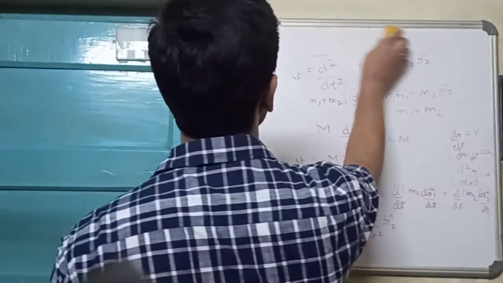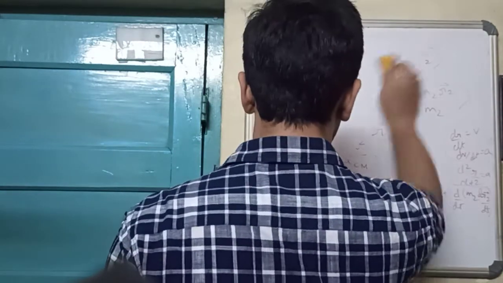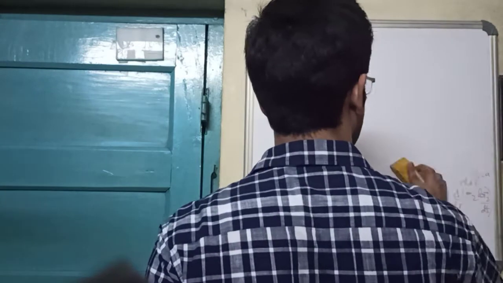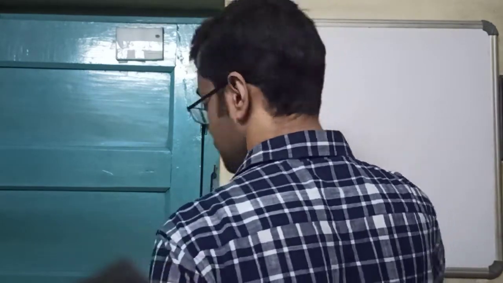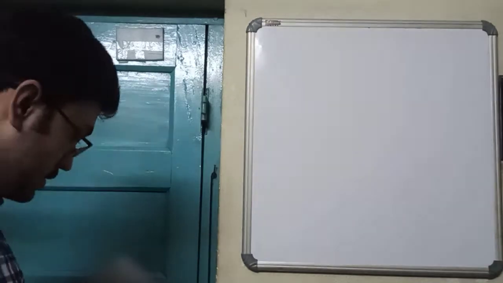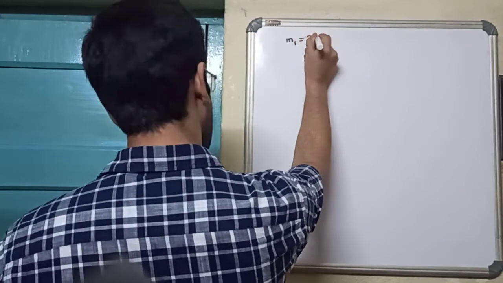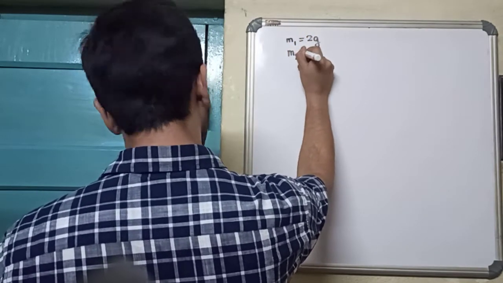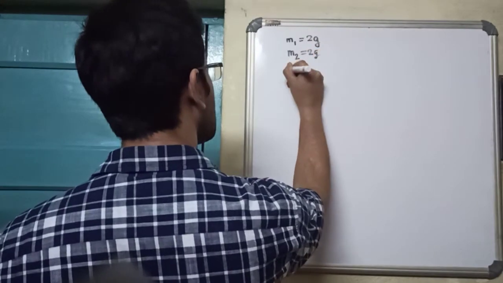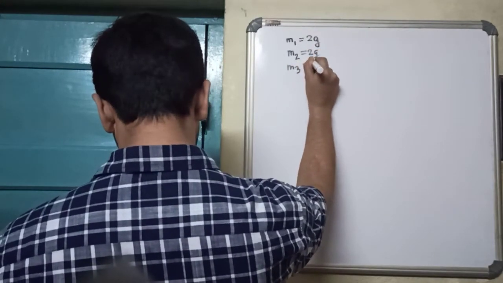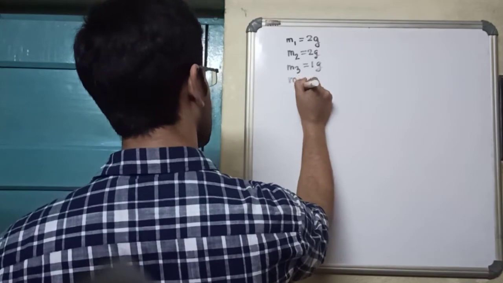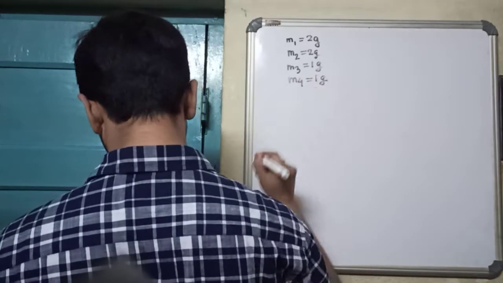Let me just solve some examples or some numericals based on the center of mass for you. So there is this numerical which says that there are some masses, m1 2 gram, m2 2 gram, m3 1 gram, m4 1 gram.